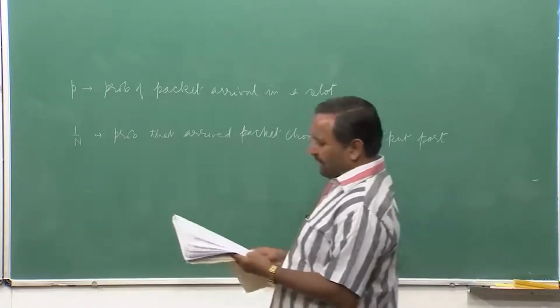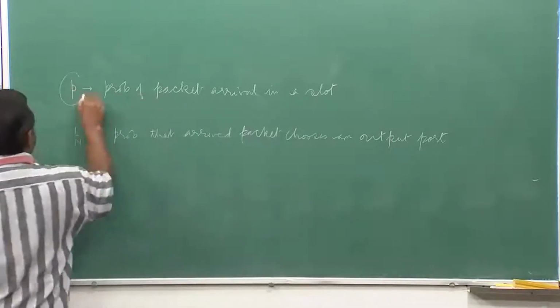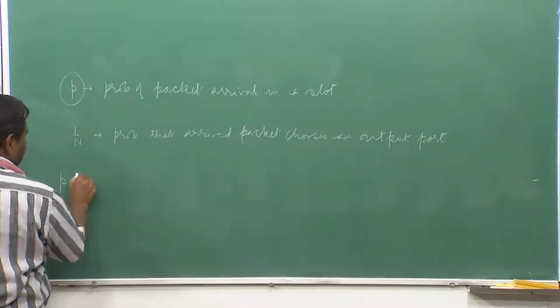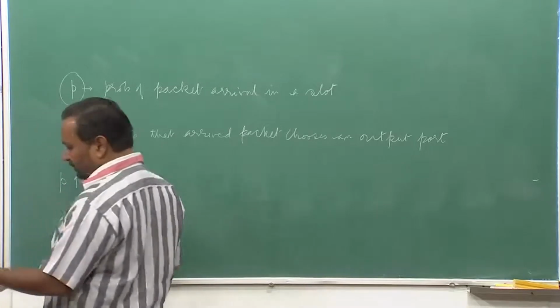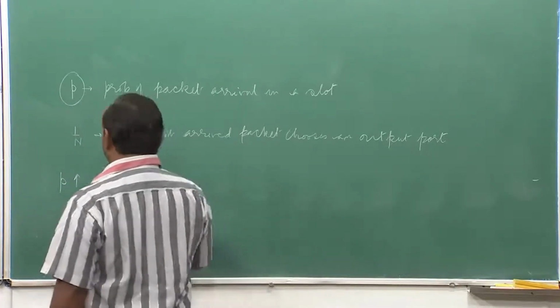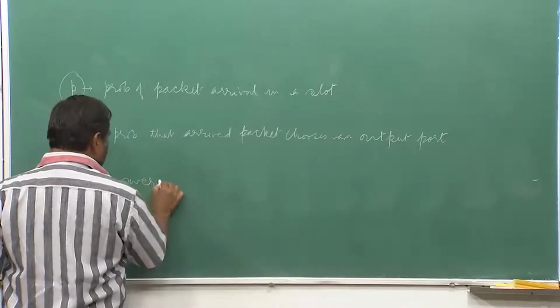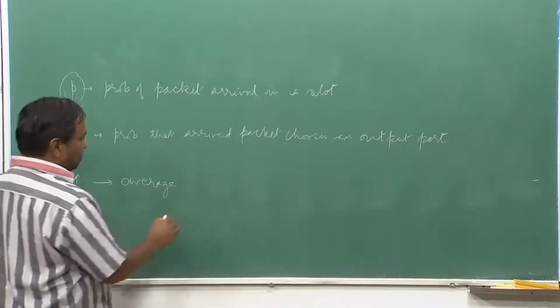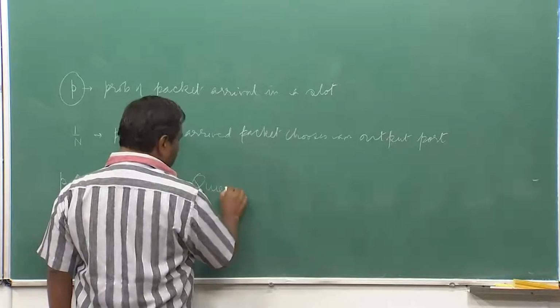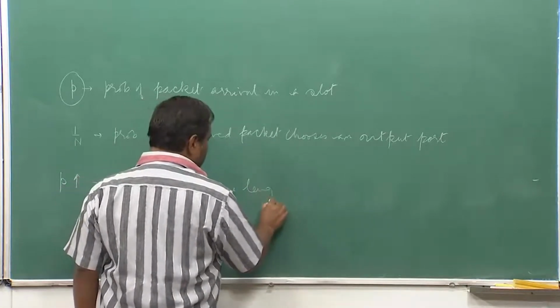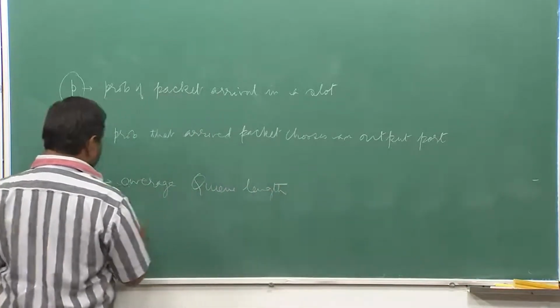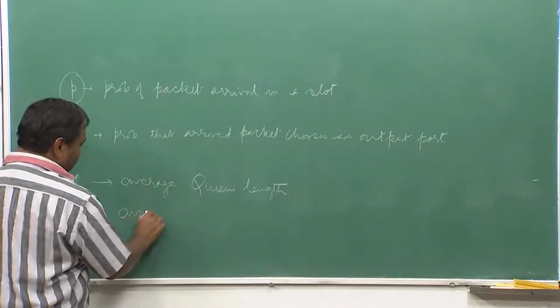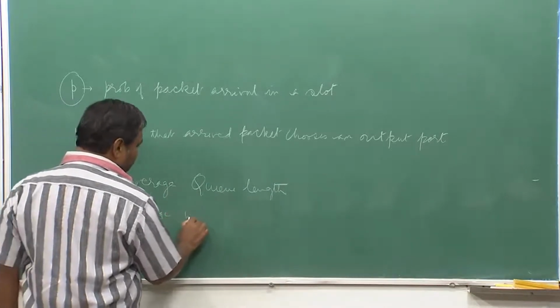Now, what we want is, as P changes, it is a parameter, what is going to happen to the average Q length at the output Q. I am actually talking about a speed up factor of n. So what happens to the average Q length and what happens to the average waiting time.